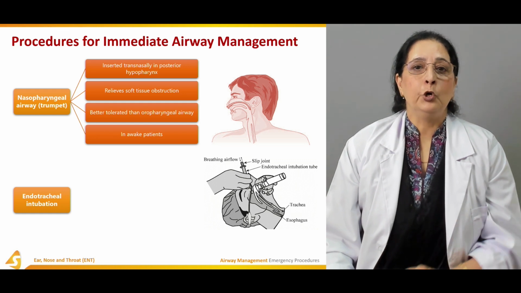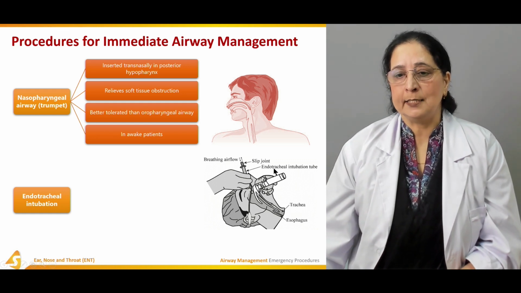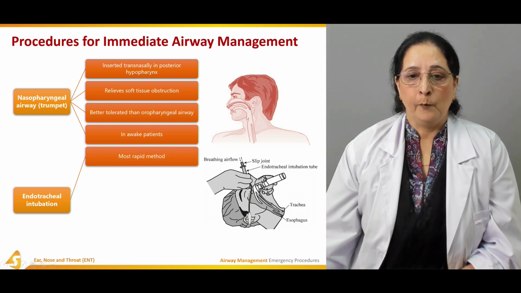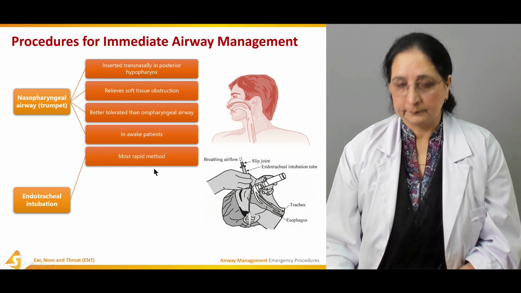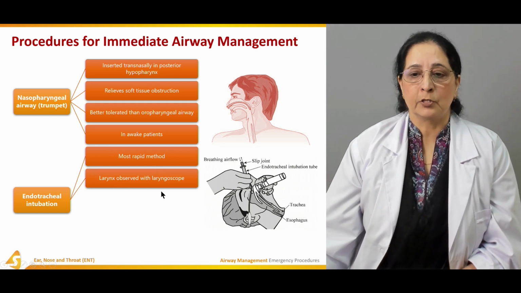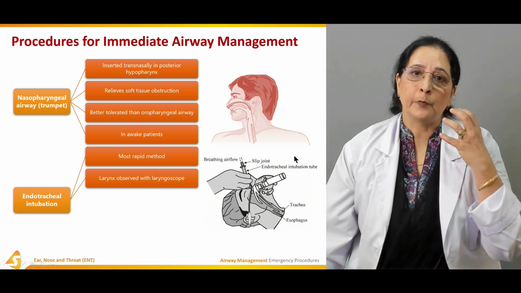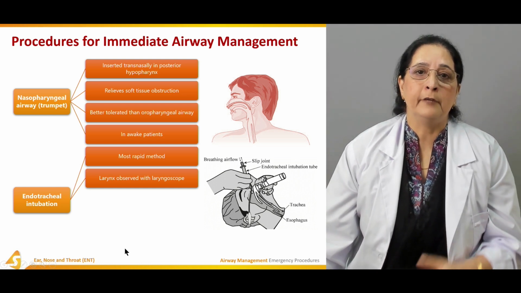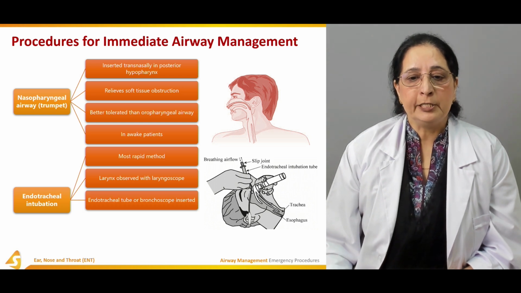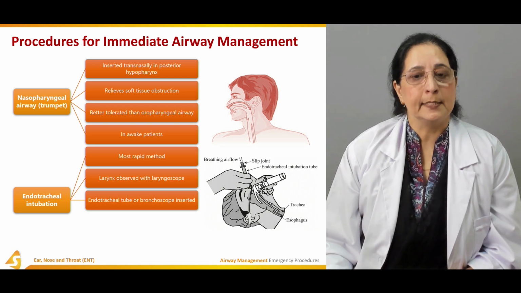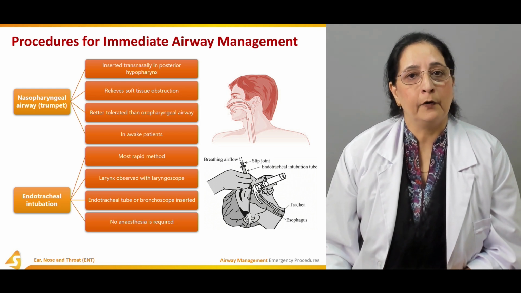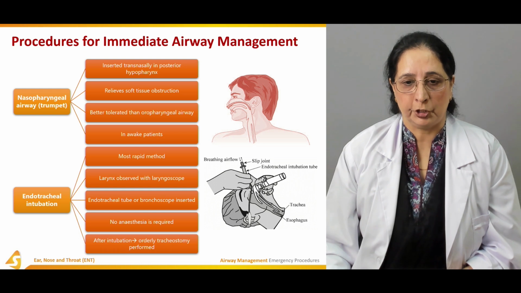Then we have endotracheal intubation. Most rapid method. Larynx is observed with a laryngoscope when we do the intubation. Endotracheal tube or bronchoscope is inserted. No anesthesia is required for endotracheal intubation.